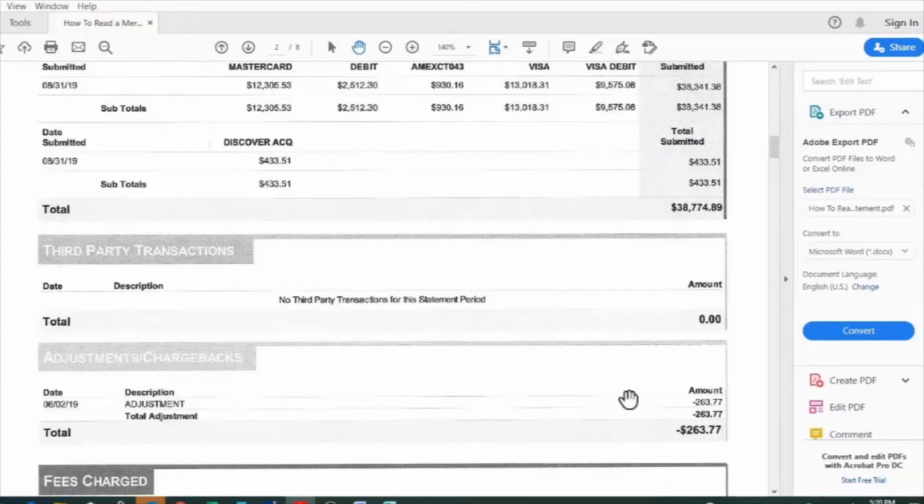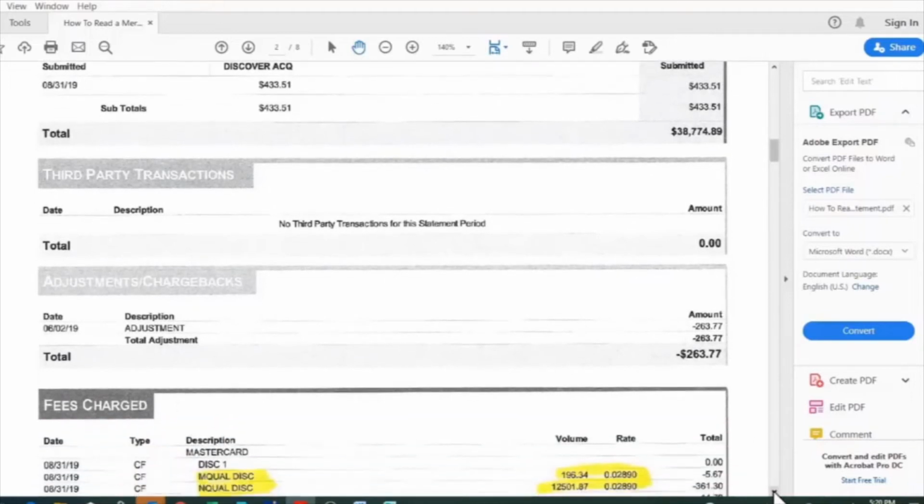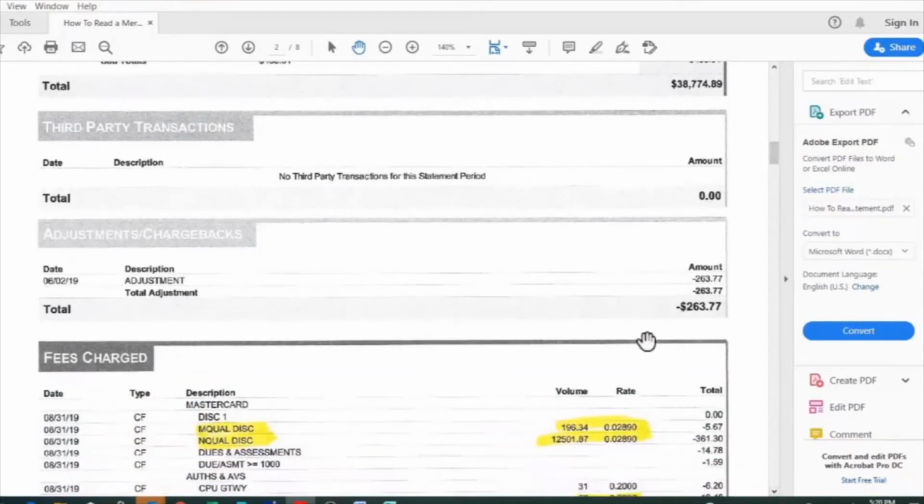Adjustment chargebacks. There's that $263.77. It was an adjustment for a chargeback that was lost, and the money was taken out of the deposits. Actually, with a chargeback, the money is taken out immediately, and then it is researched, and the merchant has an opportunity to provide data to explain why it shouldn't have been charged back.